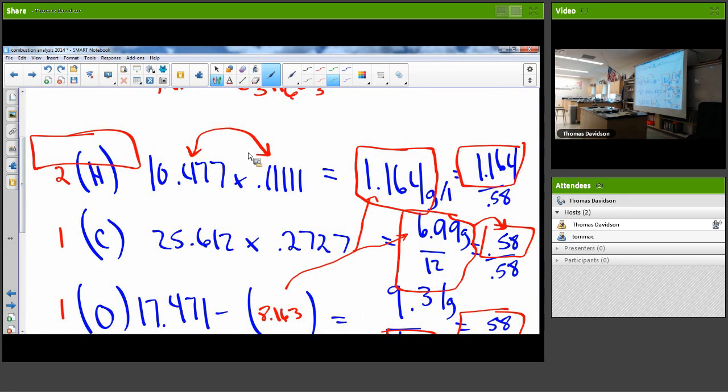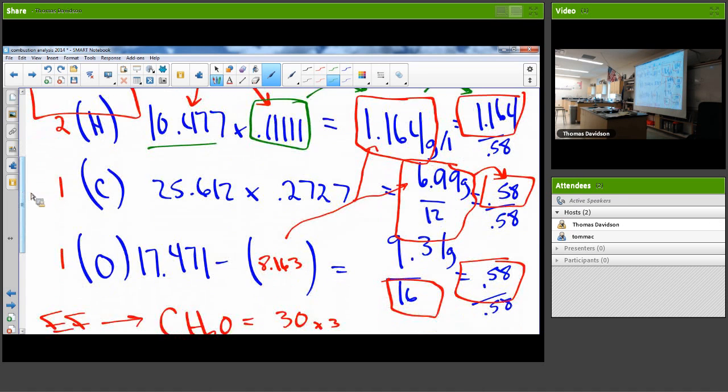So I took hydrogen, I multiplied it by this new constant, which is what the picket fence would have been, and that gave me 1.164 and 1.164, because for hydrogen the grams and the moles are the same value. I took my carbon and I multiplied it by the new constant of 0.2727, and that gave me 6.99.